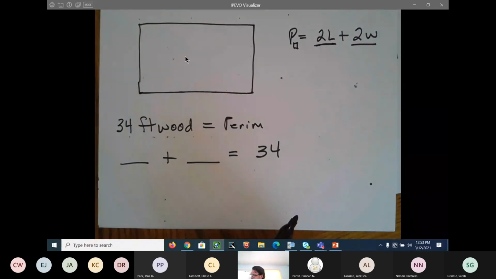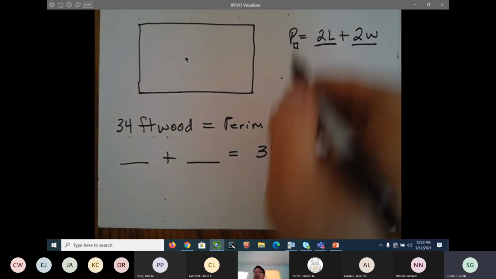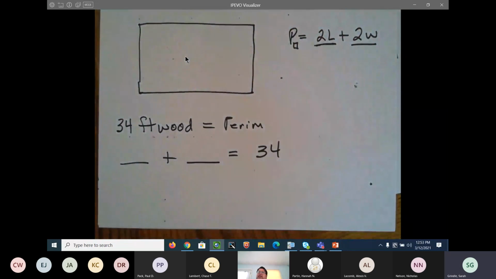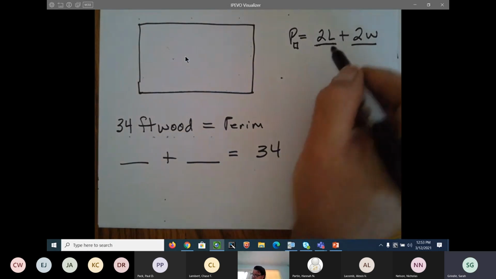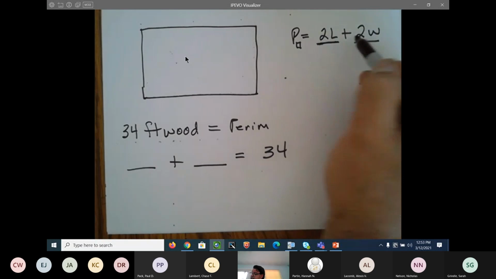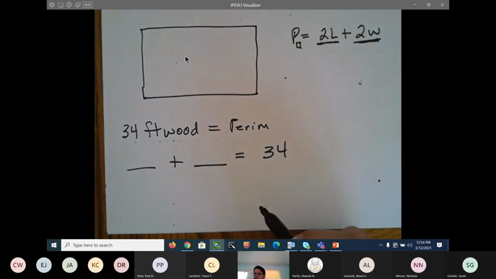Or drink. I say soda sometimes. A drink. I want a drink. That's drink, D-R-A-N-K, something in a can that's not beer. Because if you want beer, you just say I want beer. B-E-R, beer. Cold beer. So why do I put two blanks? I put two blanks because perimeter is 2L plus 2W.